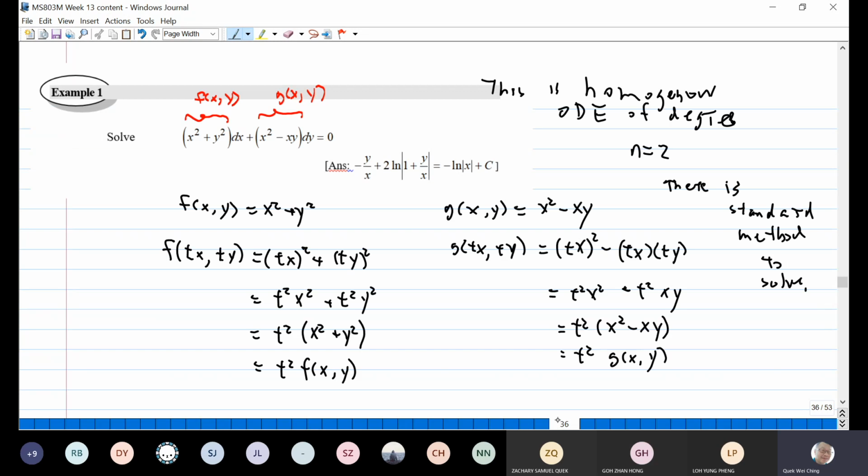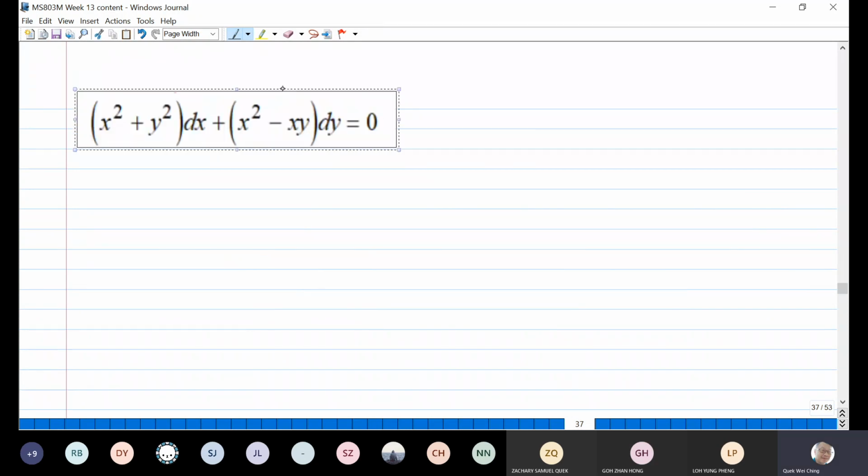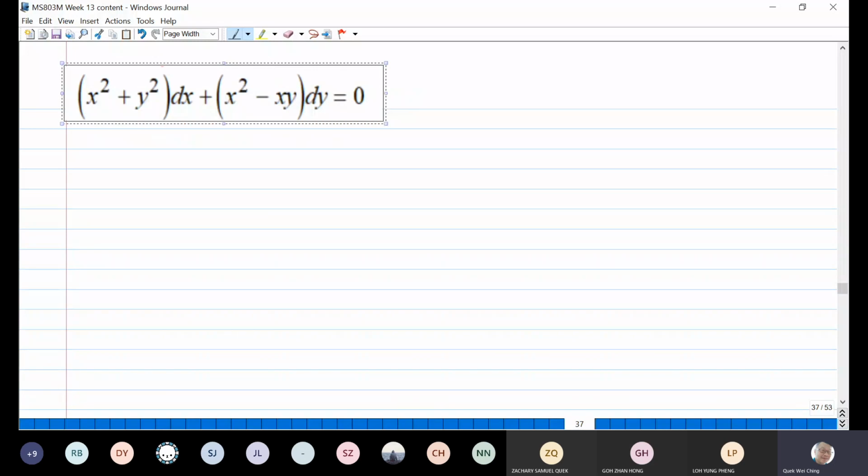Arrange the equation nicely and get this. Okay, so this is the equation here. After you know that this is the homogeneous equation, let's arrange them now.